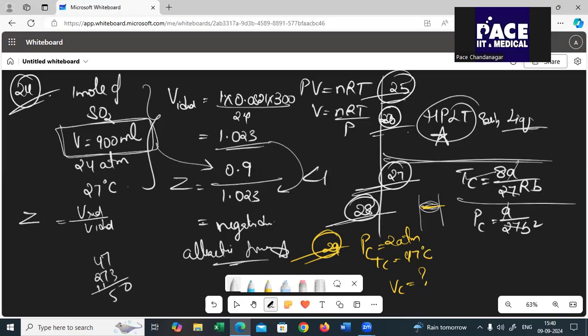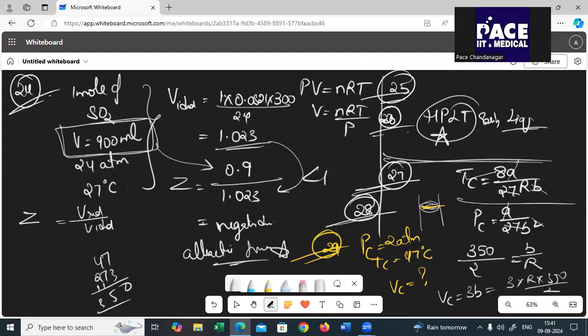So this is 350. All right, so 47 degrees Celsius, which is 350 Kelvin, by PC, which is 2 atmospheres, is equal to, B gets cancelled here, B by R. So from here, you can bring out your value of this. And then VC is equal to 3B, which means 3 times B value is R into 350 by 2.